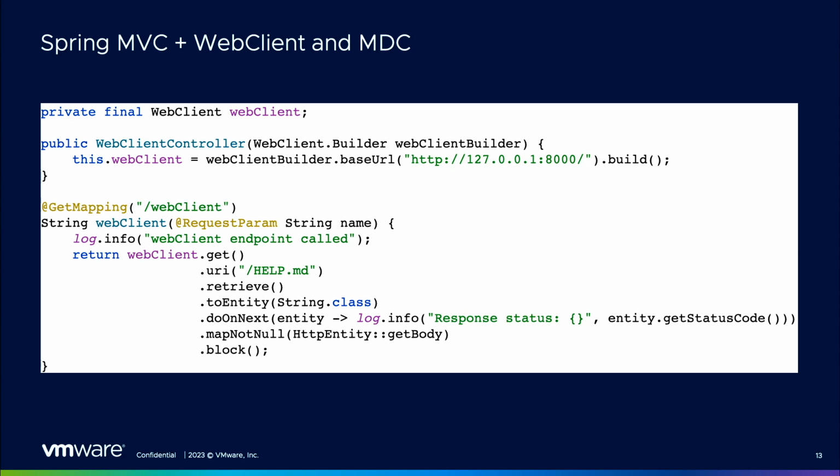This endpoint here, the first thing it does is it logs that the endpoint has been called. And the next thing we are doing is we are using WebClient, which has a reactive API, and it does a jump to the event loop, and then continues processing where we will get the response in the doOnNext operator, and we are trying to log that.